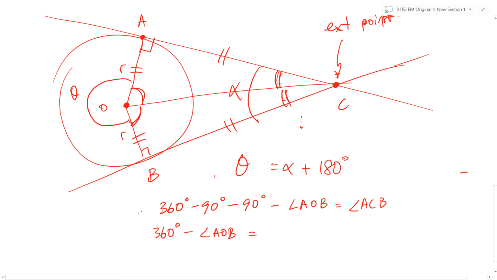Wait, how do you go from this step to this step? Minus AOB? Oh, separate. Okay, this is equation number 1. 360 minus AOB.